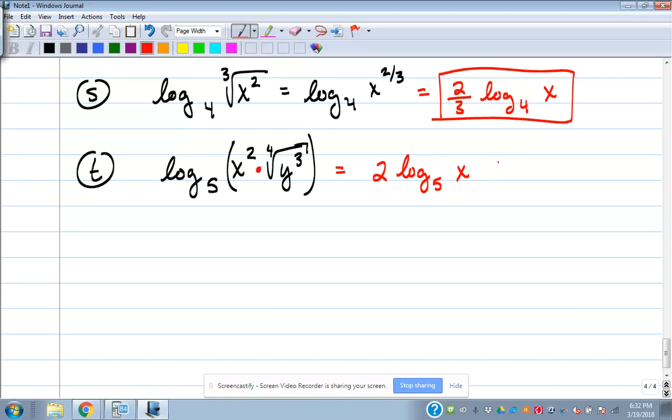And then that's going to be plus log base 5. Technically, it's the 4th root of y cubed. But what do we know that this really turns into? Y to the 3/4. What can the 3/4 do? Go to the front. So 3/4 log base 5 of y.